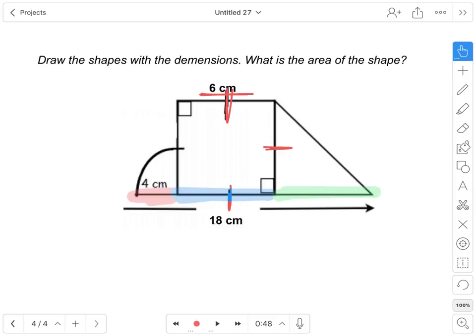Now, the reason you all had trouble is because you didn't find this amount. You knew that this was 6. But you assumed this was 6. So some of you multiplied 6 times 6 and divided by 2. Some of you just multiplied 6 times 6. Some of you did 8 times 6, because that's what was the one from the previous one.